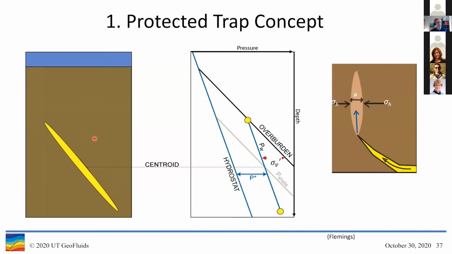The cartoon is that with this dipping sand and overpressure, if it has sufficient structural relief, the pressure at the crest of that sand can essentially equal the total stresses in that location. And what we can imagine is if you were at the tip of that sand, the pore pressure here is so high that it will overcome the stresses that are present and drive fluids vertically in a hydraulic fracture.